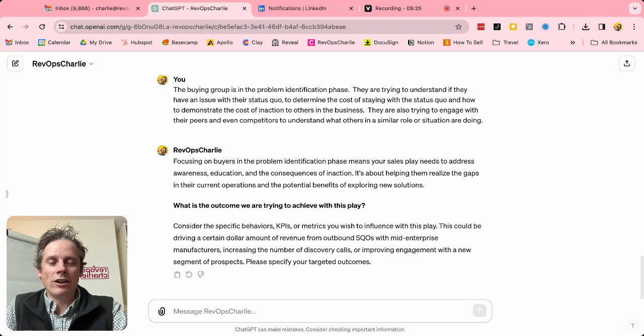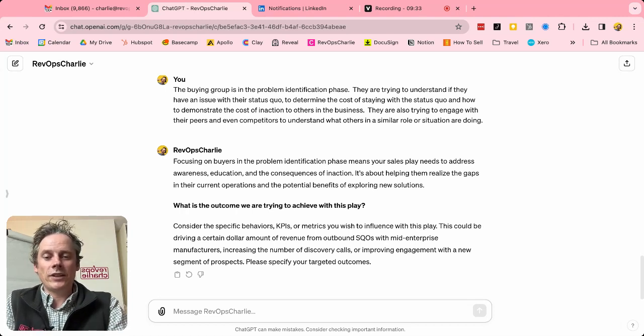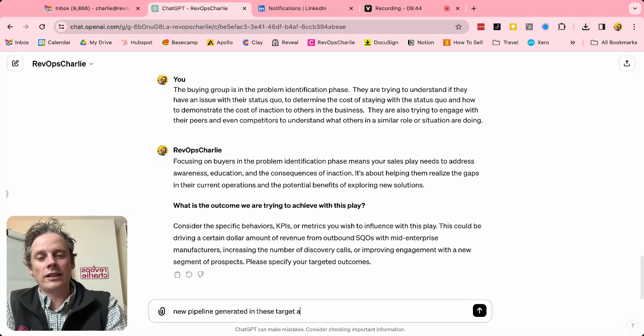So we're talking about opening up new opportunities in these mid-market auto supply chain manufacturers. So the key outcomes are going to be new pipeline generated in these target accounts.